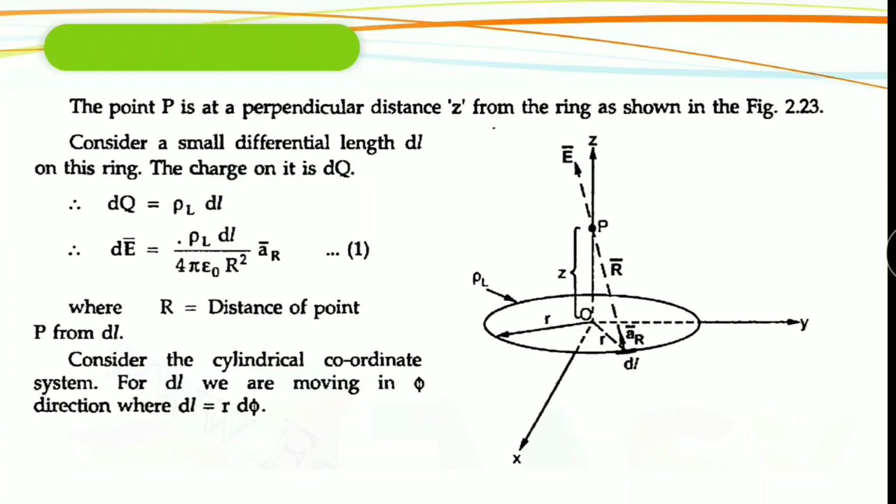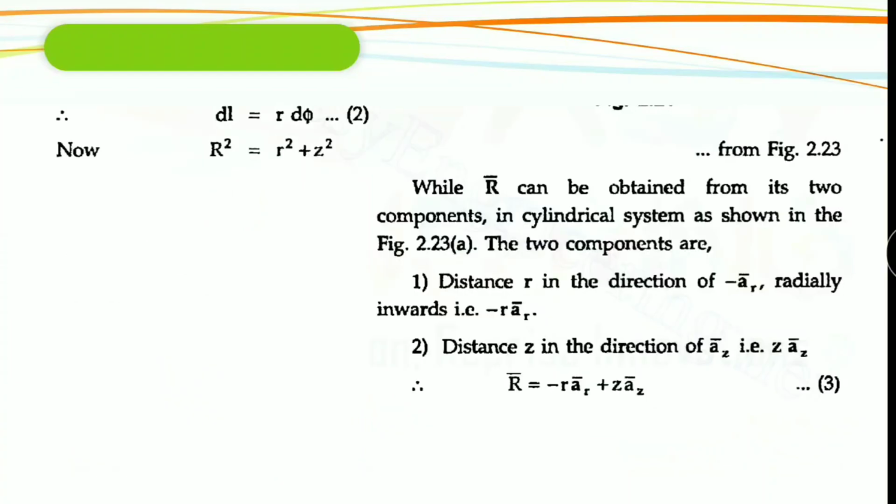So the dq value is r d phi into rho L. And next, capital R square is equal to small r square plus z square.